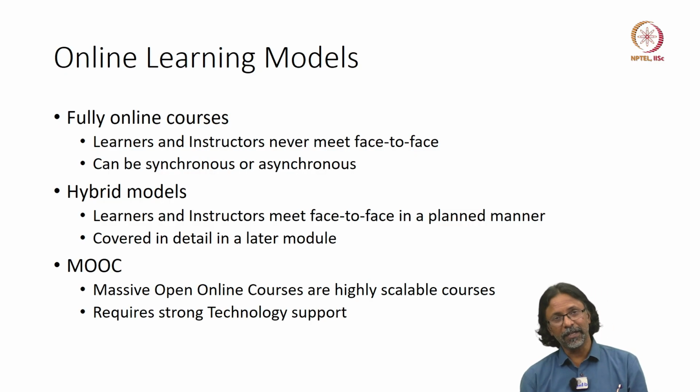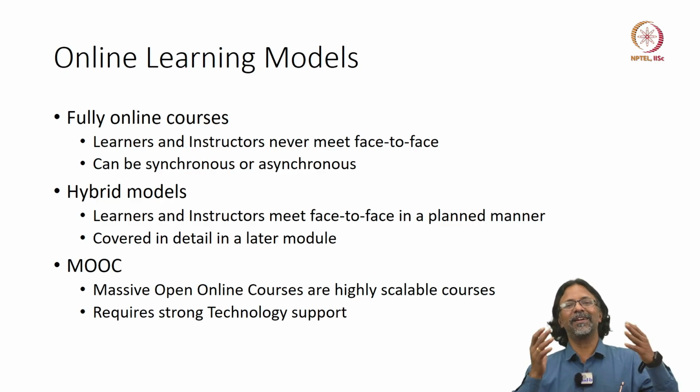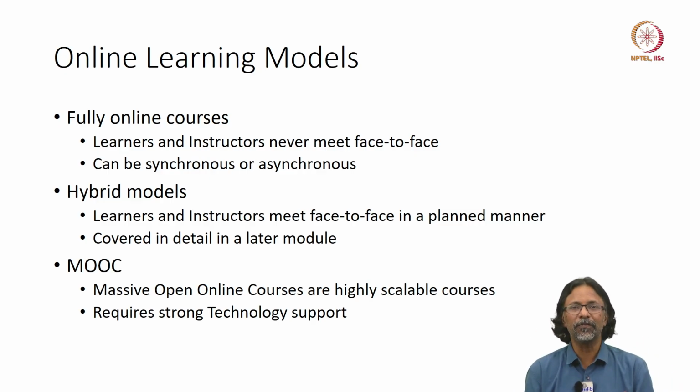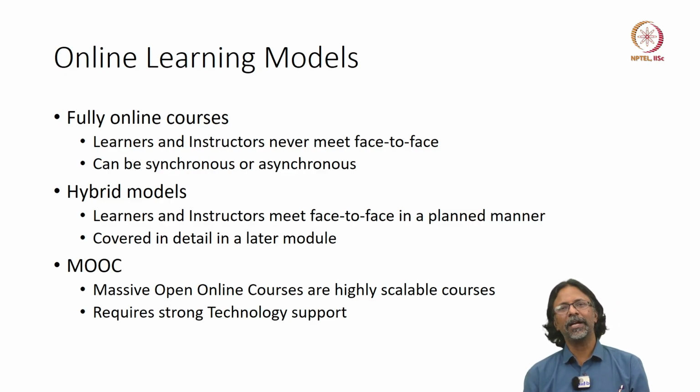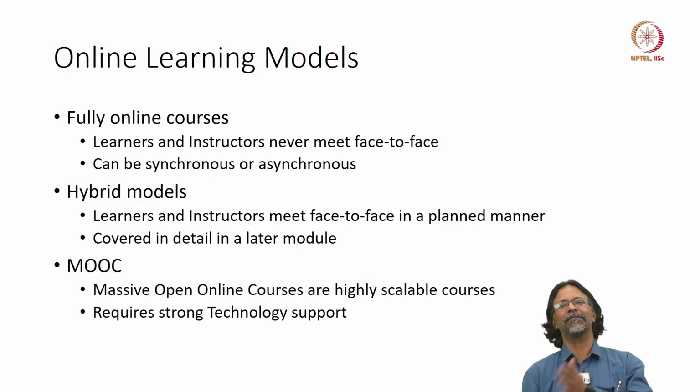The second term there is open. So these courses are open to any learner, right? What they will do is they will state certain prerequisites for these courses, but they don't restrict access to these courses, which means that it opens up access across age groups, across academic levels.